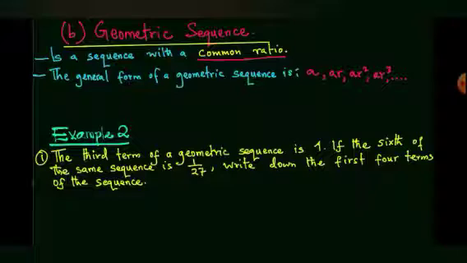So you have A first term, AR second term, where A is the first term and R is the common ratio.